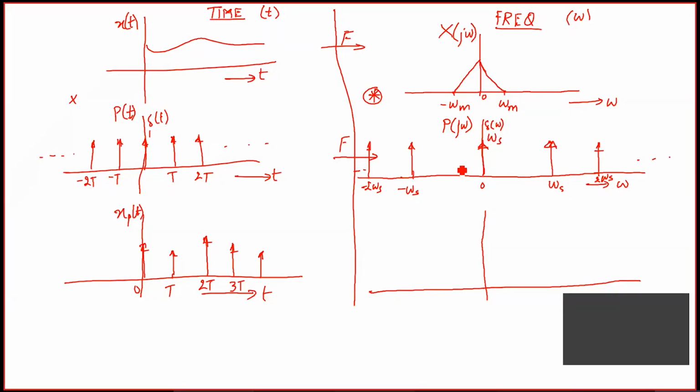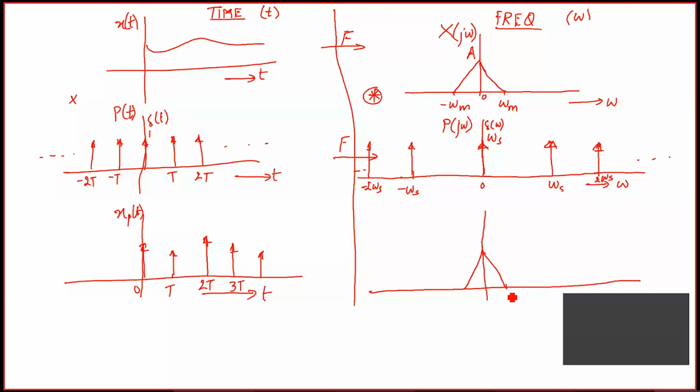So if you think in that way, if we convolve with this impulse, which is a single impulse, you should get the same thing back scaled by the factor omega s right here. So if, let's say, this had an amplitude A, the first thing that you will get would be the same thing at the same value of omega m minus omega m.